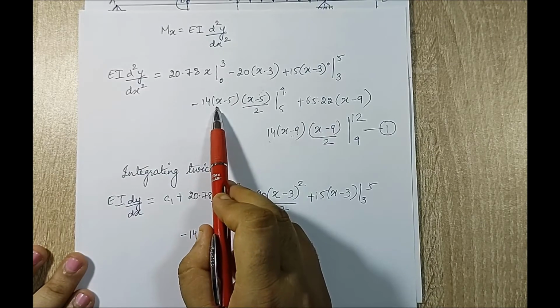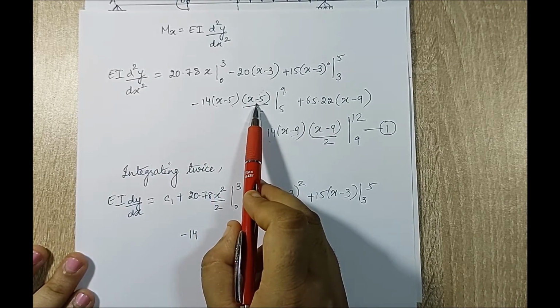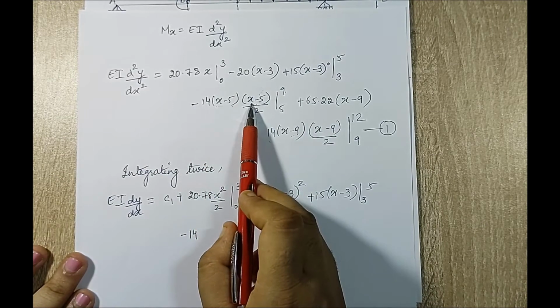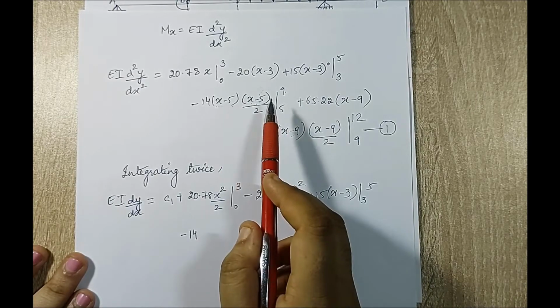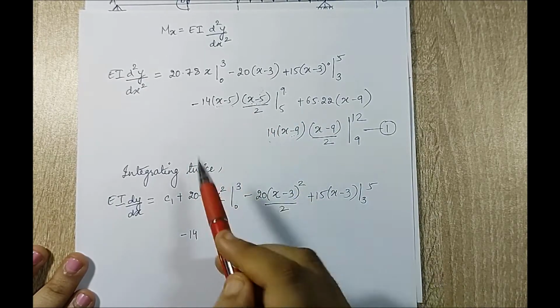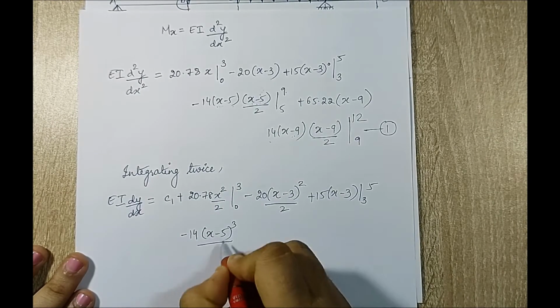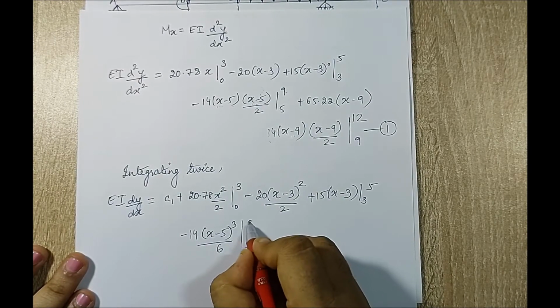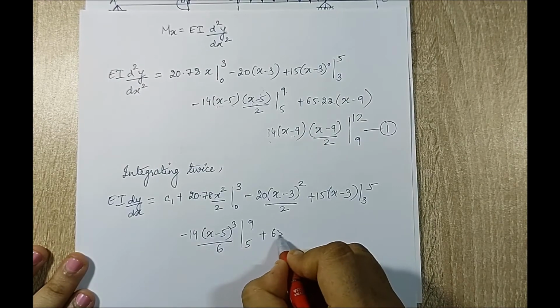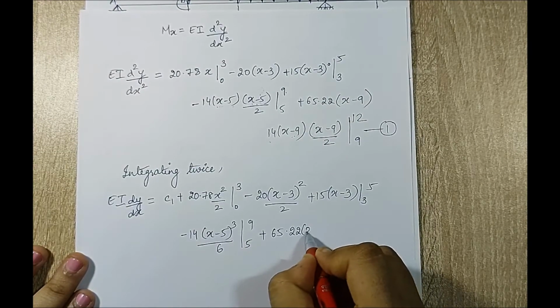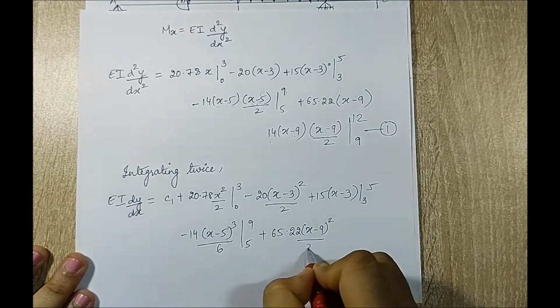Next I'll have minus 14. Now if you look carefully, this is x minus 5 into x minus 5. So this actually becomes x minus 5 square. So when I integrate a term of x square, it becomes x cube by 6. So here I'll directly write x minus 5 cube upon 6 from 5 to 9. Next term is plus 65.22 into x minus 9 square by 2.